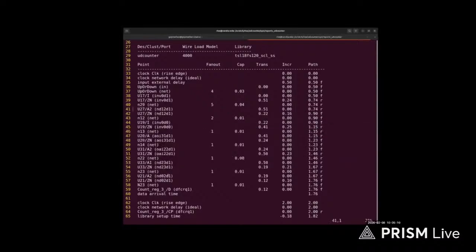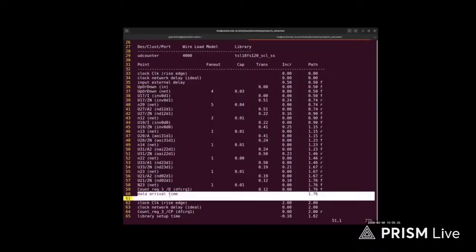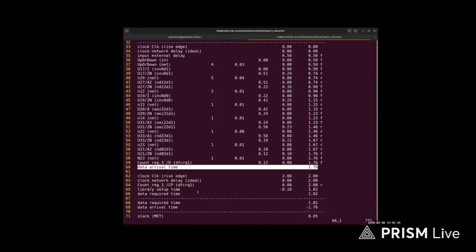Finally, the data that is passed through this up or down pin goes through all these combinational cells and comes to this flip-flop and gets stored here. Your data is arriving at this particular time, 1.76 nanosecond. But you are providing 2 nanosecond as the clock time period in your constraints.